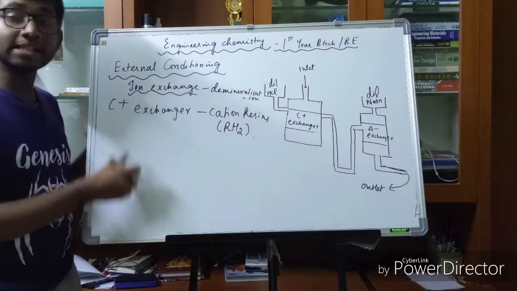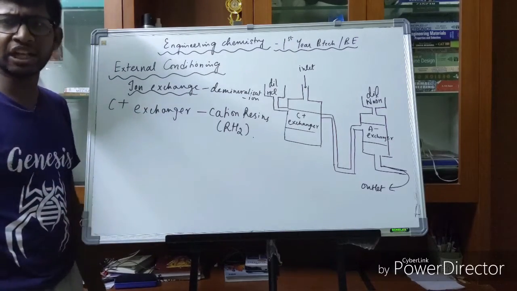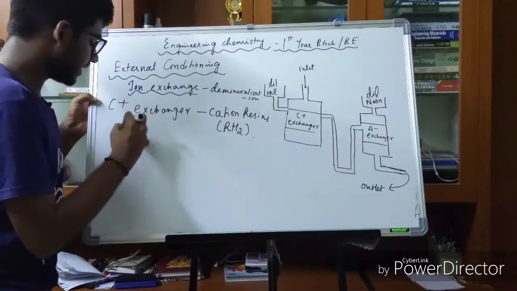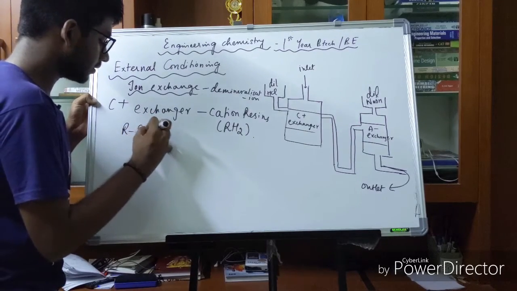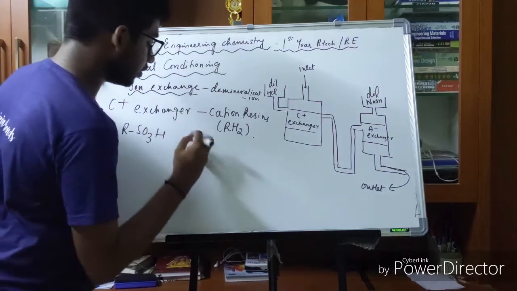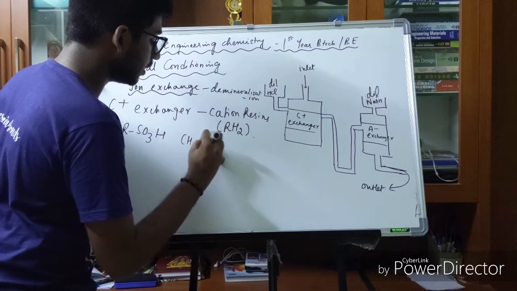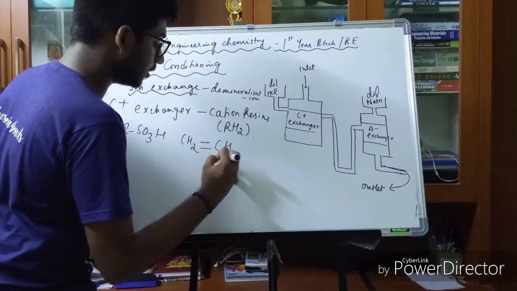So what are the various examples of cation exchange, cation resins? Examples are RSO3H, and then you'll be having CH2 double bond CH single bond.